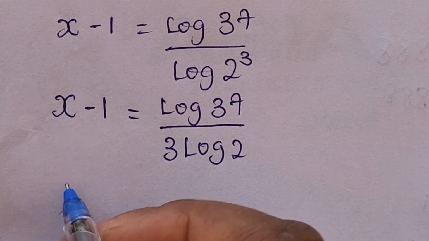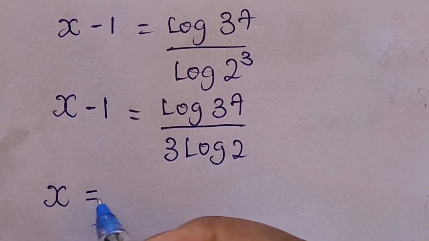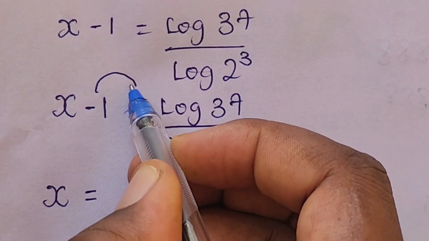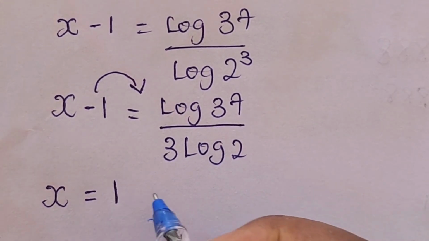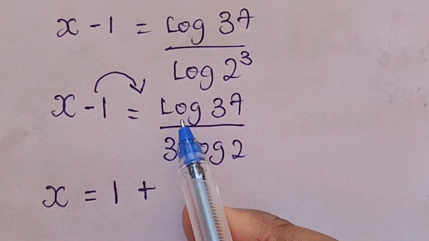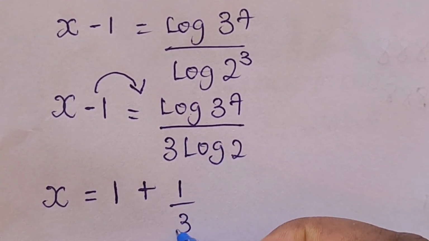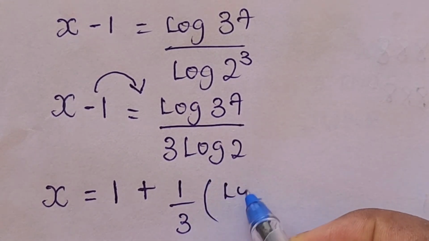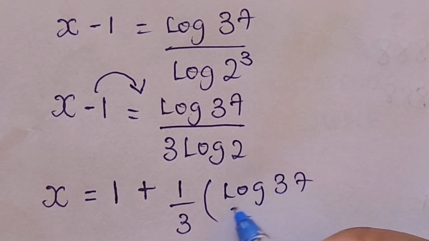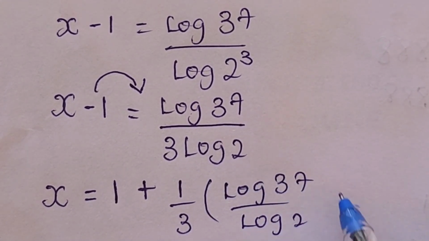So this becomes x is equal to minus 1 crossing over to this place becomes 1 plus, when we factor out 1 over 3 from here, we have 1 over 3 times log 37 over log 2.